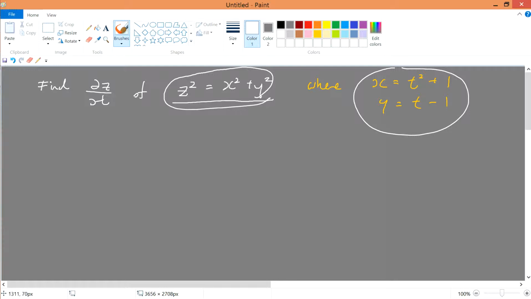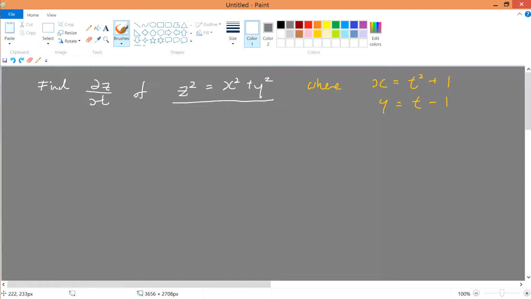So what we can see is that x and y are changing in terms of time. z is changing in terms of x and y, yet x and y are changing in terms of time. So from here you can straight away know that you need 2 variables, and therefore you will require 2 types of partial differentiation.